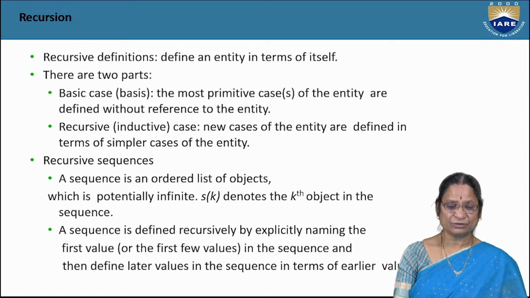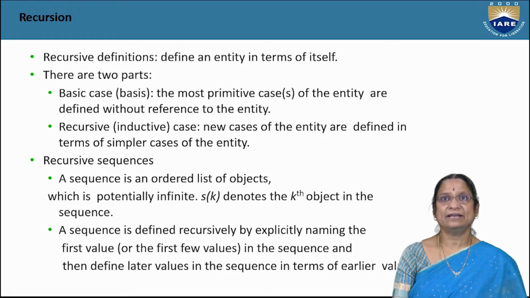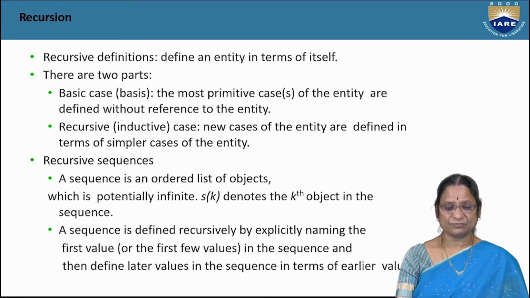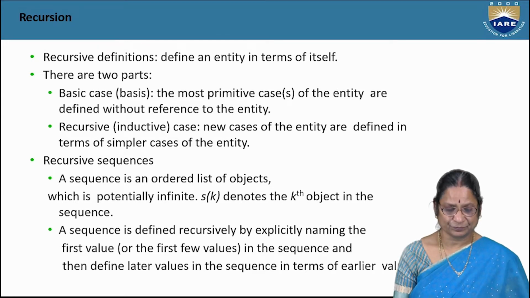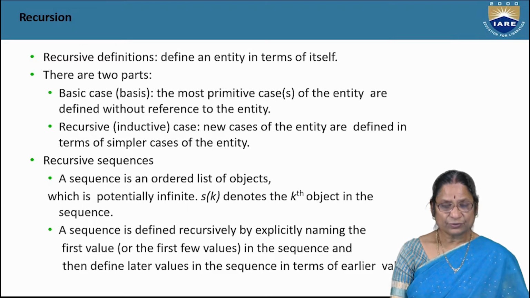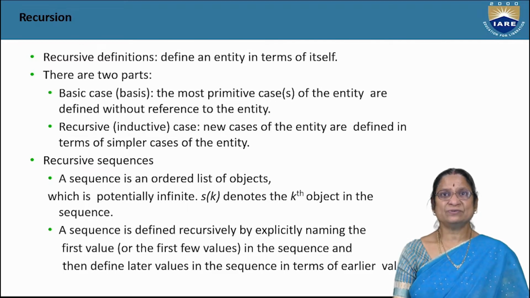So recursion has a basis: the most primitive cases of an entity are defined without referring to any entity, and inductive cases will be there. Inductive case means new cases of an entity that are defined in terms of the simpler cases of the entity. Various kinds of recursive sequences are also there in our notations.